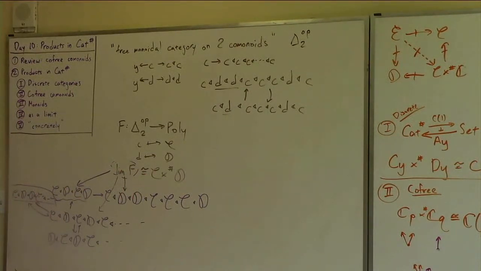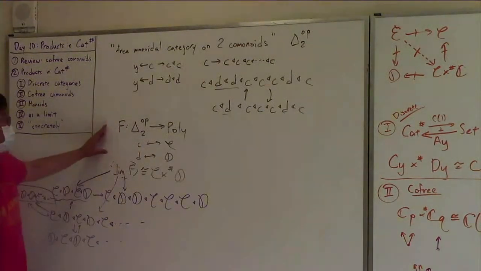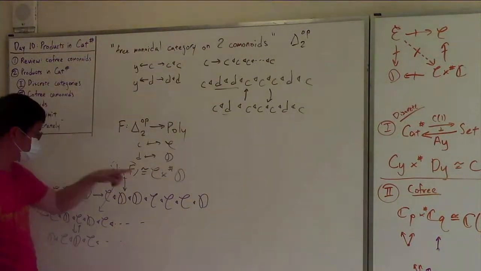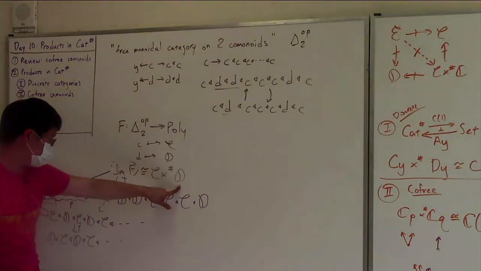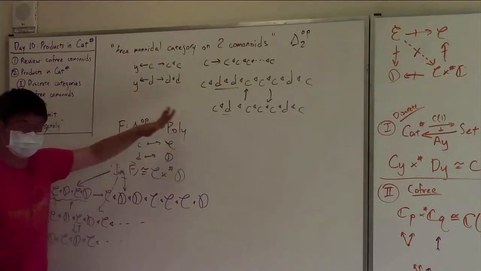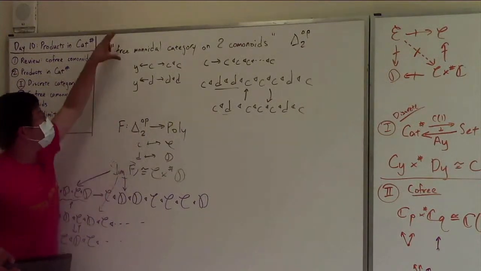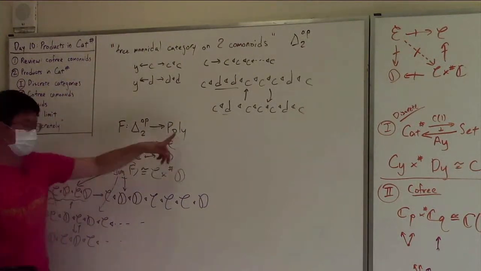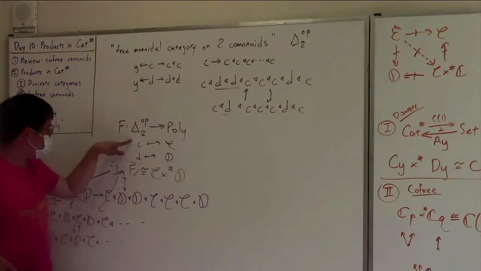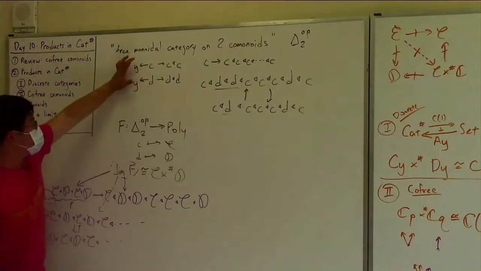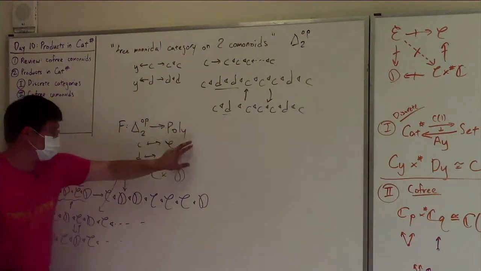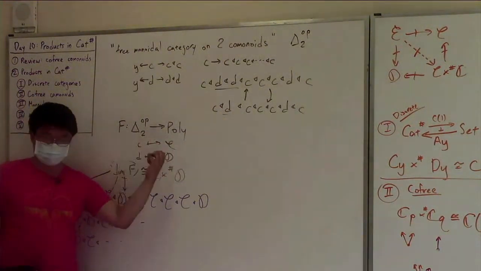And considering we don't actually have time left, I will just say this. Again, the product of C and D is given by the limit of this functor. It is given by this monoidal functor from our free monoidal category on two comonoids into Poly that sends each of these comonoids to the two comonoids that we want to take the product of in Poly.